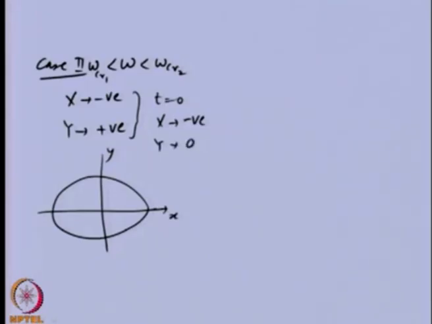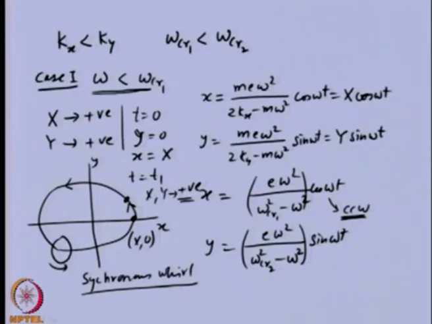So, y is 0 and x is negative, which is only possible at this position, because at no other position is x negative with y equal to 0. So, at t equal to 0 we are here. Now, at time t equal to t1, again we go to the equation, and we will see that of these two quantities, this becomes positive, this remains negative.